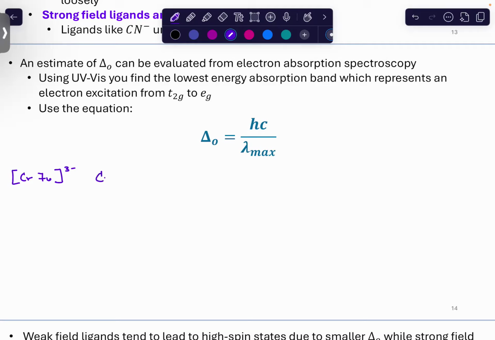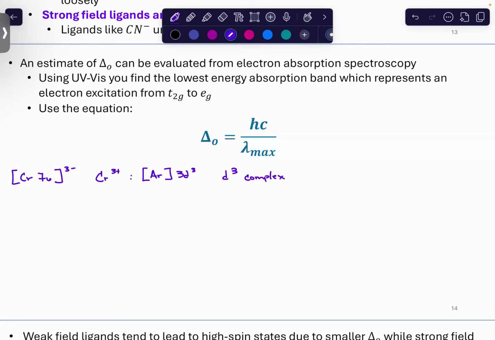What is the charge on the chromium? It's 3+. That's chromium 3. When we look at the periodic table, we see that chromium 3 is going to have an electron configuration which makes this a d3 complex.